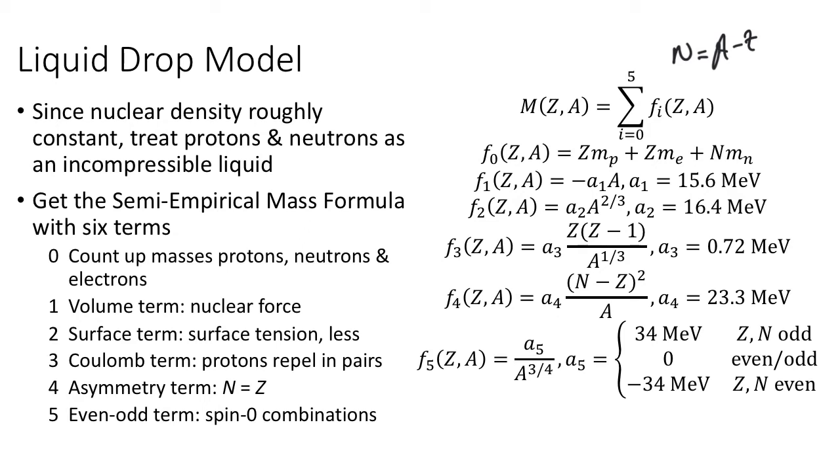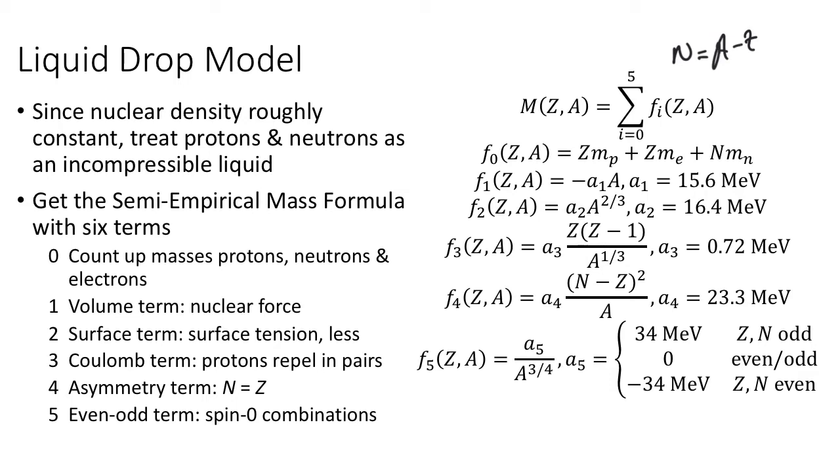The second term, it's called the surface term, is because if you have a sphere of protons and neutrons all bunched around, the protons and neutrons at the edge only get attracted from one side, and therefore they have a little less binding energy attributed to them than the others.